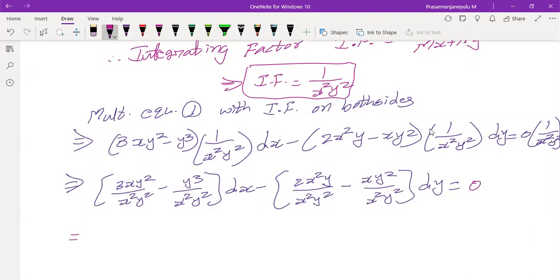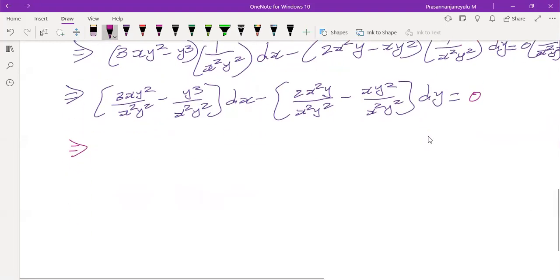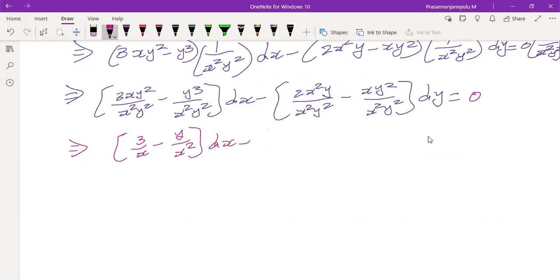Now doing the simplification, what will we get? 3 by x minus y by x square, into dx. Here x square gets cancelled in the first, and y by y square, y gets cancelled.